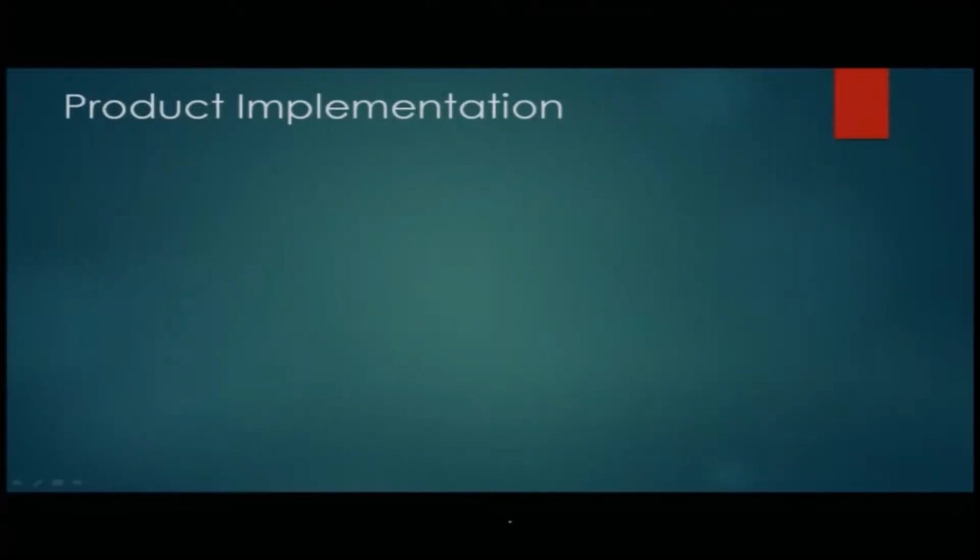We will now move into the first step of the process, which is called product implementation.